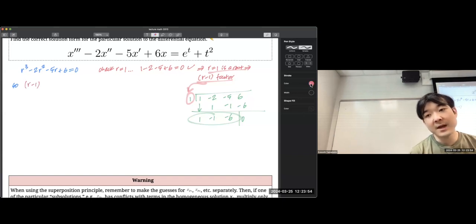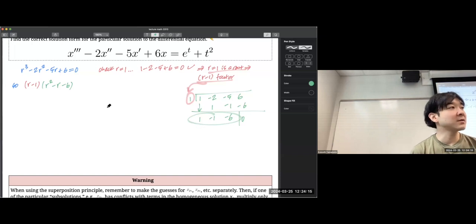And then this synthetic division gives us r squared minus r minus 6. You just have 1 in front of the r squared, -1 in front of the r, and then -6. This goes in order, the last term being the constant coefficient, then the first order coefficient, and the second order coefficient. You could do polynomial long division, but it's maybe easier to do synthetic if you know that one.